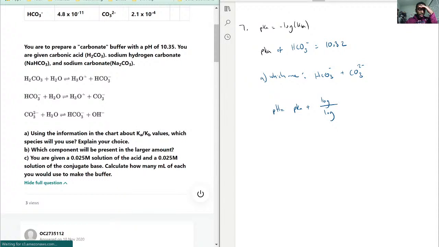Just to make sure, we have a pH of 10.35, which is what we wanted, equal to pKa.